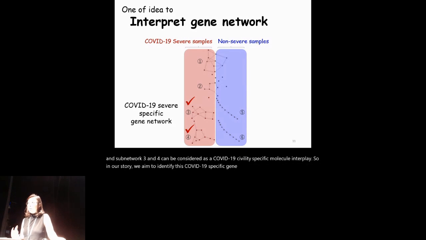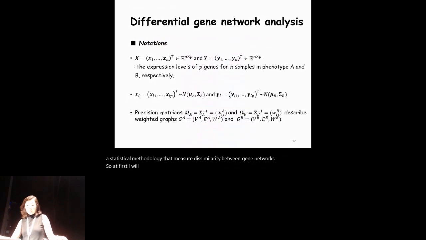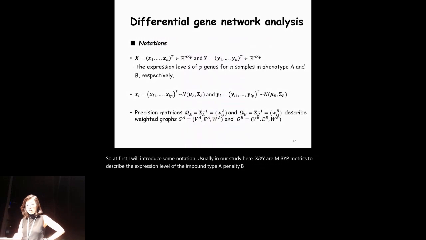To do this, we propose a statistical methodology that measures the similarity between gene networks. So at first, I will introduce some notation used in our study. Here, X and Y are n by p matrices describing the expression level of genes in phenotype A and phenotype B, respectively. And we assume that the expression levels of genes are generated from a multivariate normal distribution.